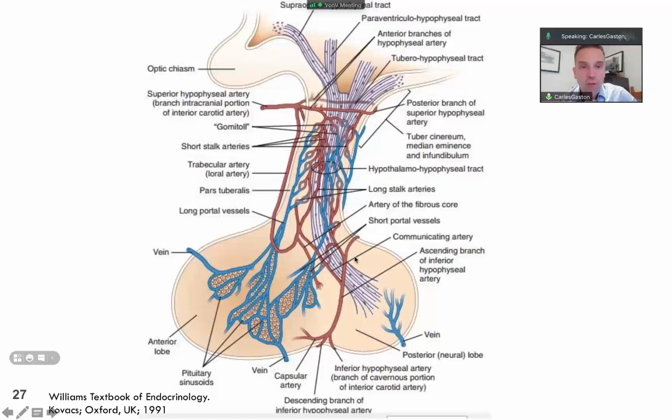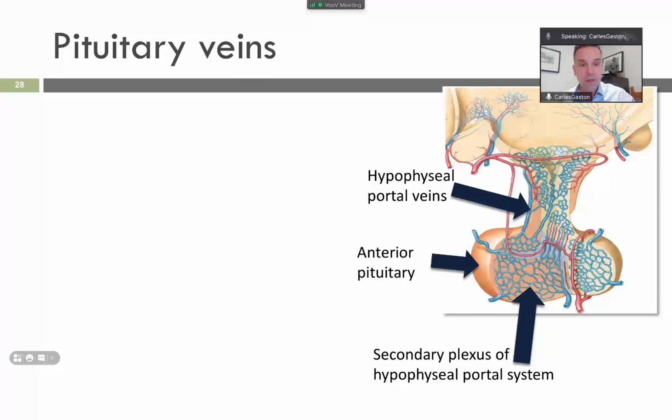In the case of the posterior pituitary, this doesn't drain into a portal system. The peptides are produced in the cell bodies, travel through the axons, and are kept in the posterior pituitary waiting for release. There are only two types of hormones at this stage, oxytocin and vasopressin. We will study the function of these in a further lecture.